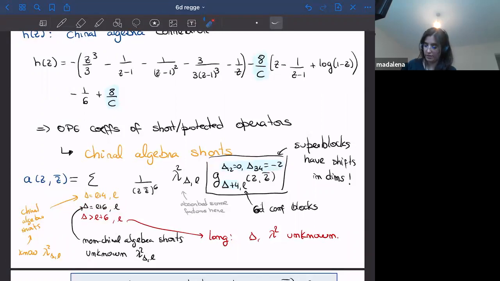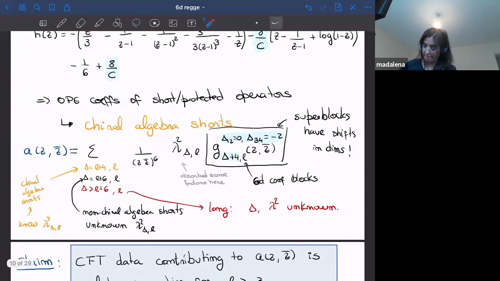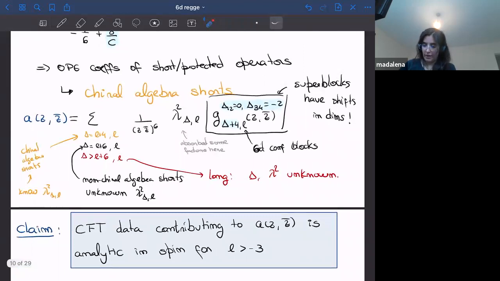And this function receives different contributions. One contribution is protected from the chiral algebra. And then there are completely unprotected contributions, and also contributions of short operators with unknown coefficients. And now I will just claim this at this point, and I will quickly flash the details later.